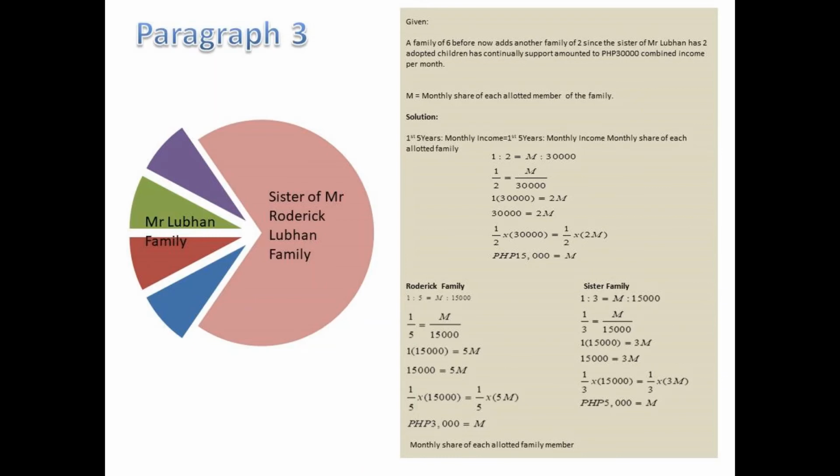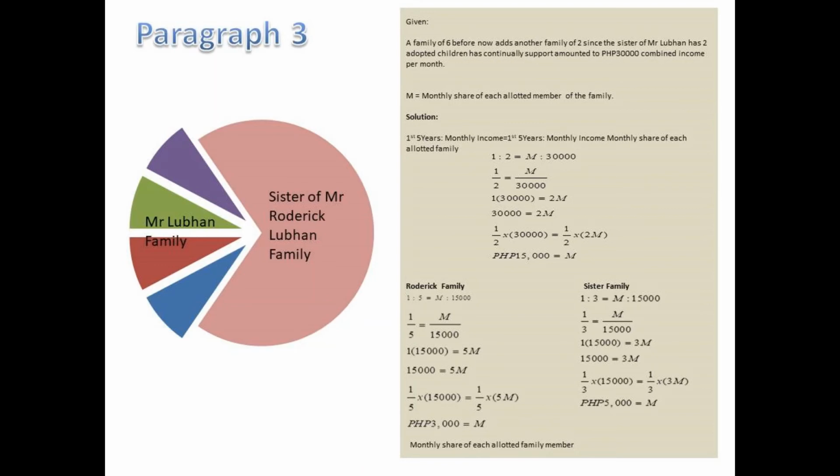Okay, so in Roderick's family, 1:5 is equal to M:15,000. So 1/5 is equal to M/15,000. Cross multiply again, so 15,000 multiplied to 1 and 5 multiplied to M. So we got 15,000 is equal to 5M. You divide both sides by 5.